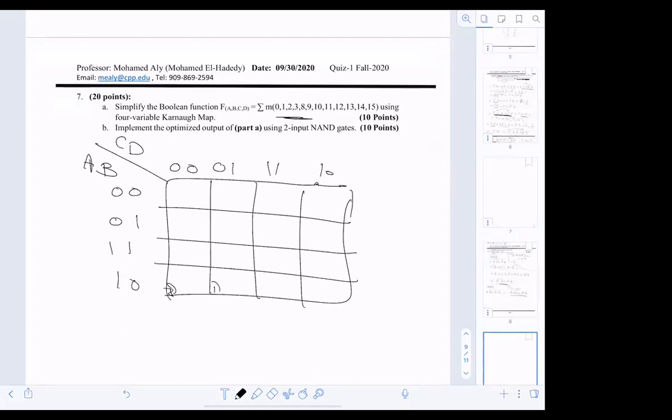That's 8, 9, 11, 10, 12, 13, 15, 14, 0, 1, 3, 2, 4, 5, 7, 6. Then 0, 1, 2, 3, 0, 1, 2, 3, 8, 9, 10, 11, 12, 13, 14, 15 are the ones we have. Everybody agrees with me?